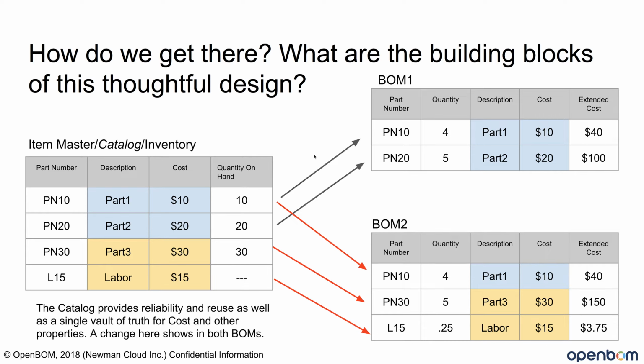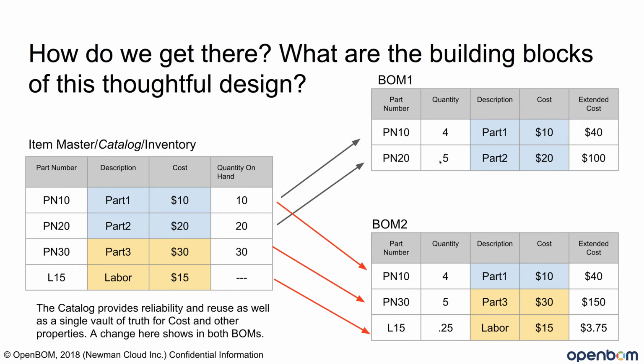The BOM, as another thought, is the instances or the usage of those parts that are contained in the item master. So in my example here, I've got some parts and some labor defined in my item master, and in BOM number 1, I've got part number 10 and part number 20, and it has 4 instances.